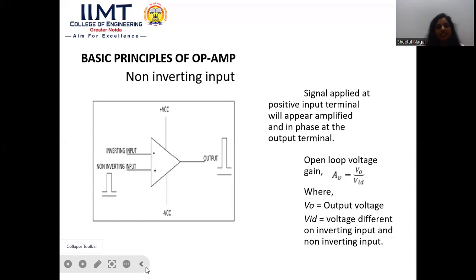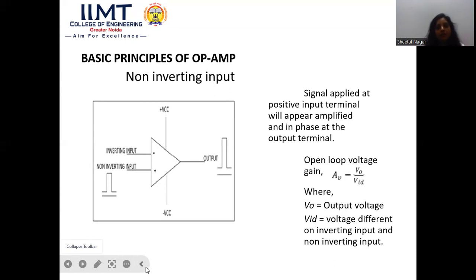Meaning the signal applied at the positive input terminal will appear amplified and in phase at the output terminal. In this case, we will have the same phase at the output as in the input, but the signal is amplified as per the requirement.